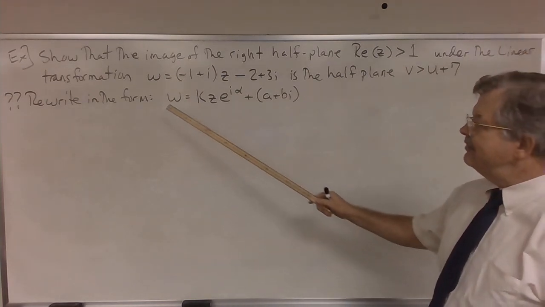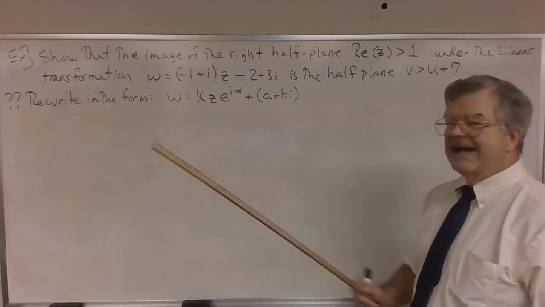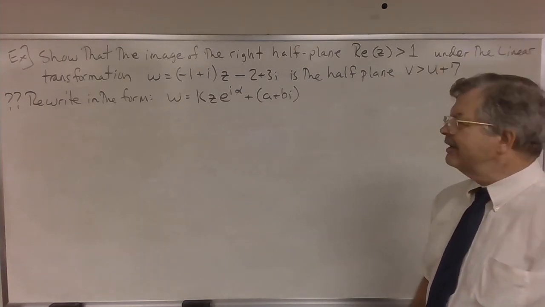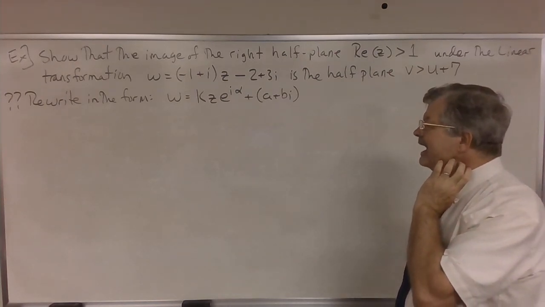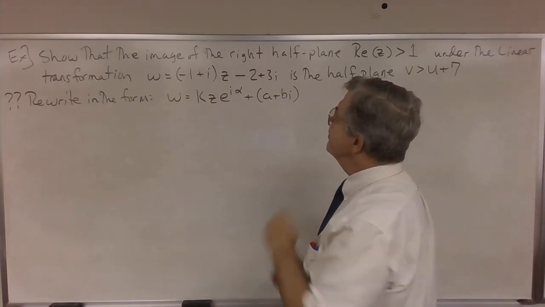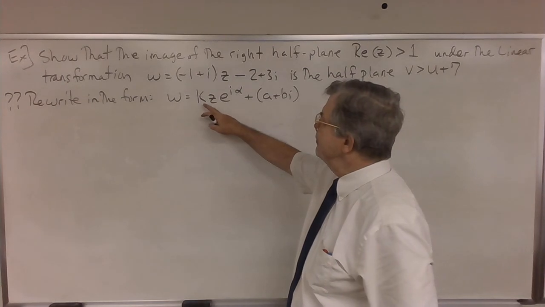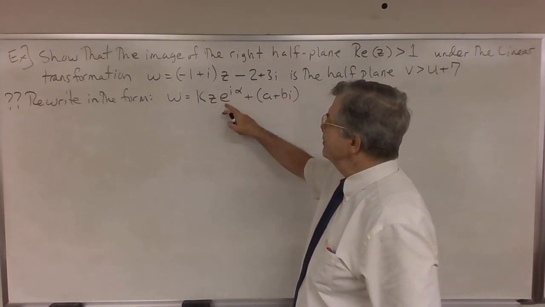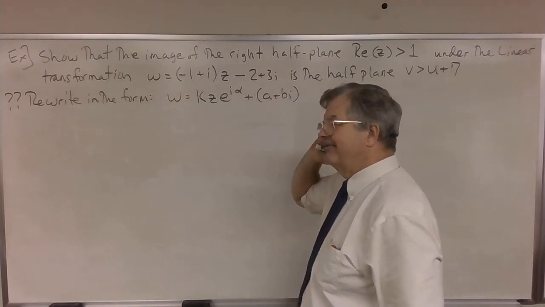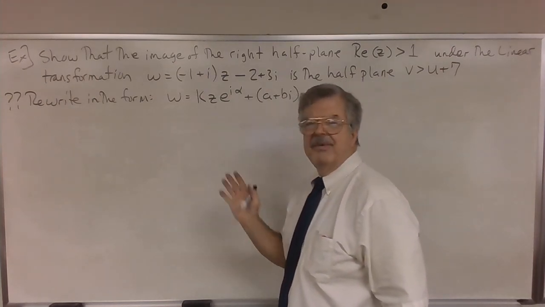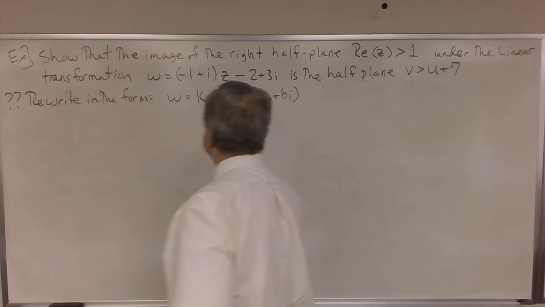I tried this, or I started to try this in the last exercise. It didn't work. My inclination is to go with this again and try to write this transformation in the form of a rotation, a magnification, and a translation, just so we can do this geometrically.